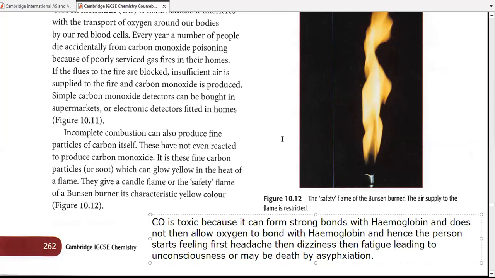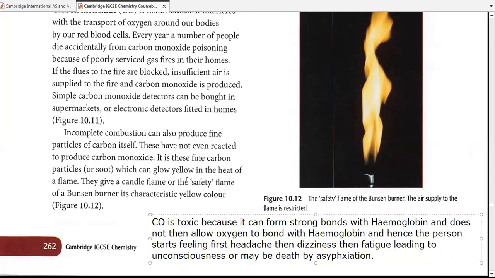Completing our last paragraph before the class ends, incomplete combustion can also produce fine particles of carbon itself. These have not even reacted to produce carbon monoxide. It is these fine carbon particles, also known as soot, which glow yellow in the heat of a flame, something like this as given in the diagram.